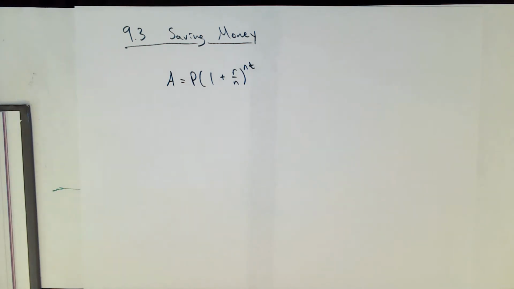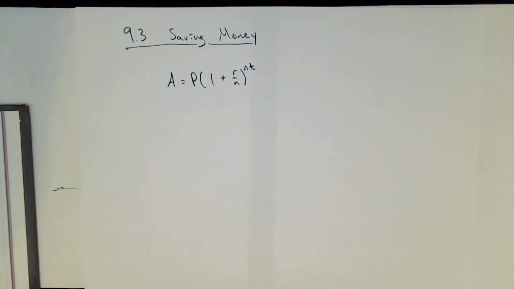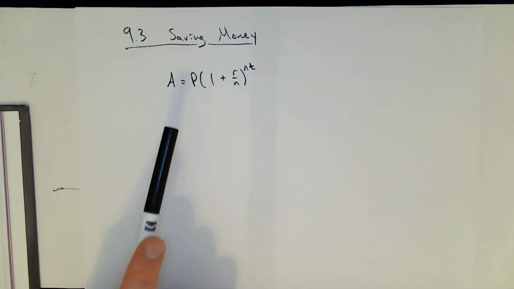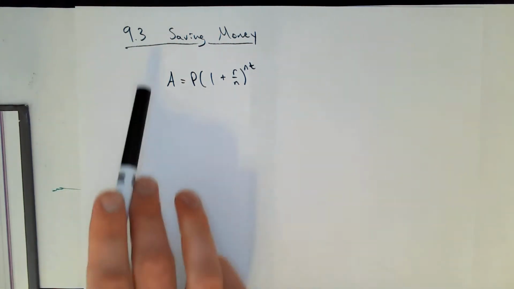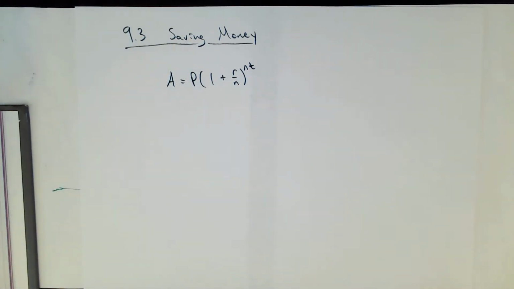In other words, how much money you presently need in order to reach a certain amount, a certain future value that you might have as a goal. So that's the first thing we'll look at, and it'll be very natural, just a reorganization of this formula.